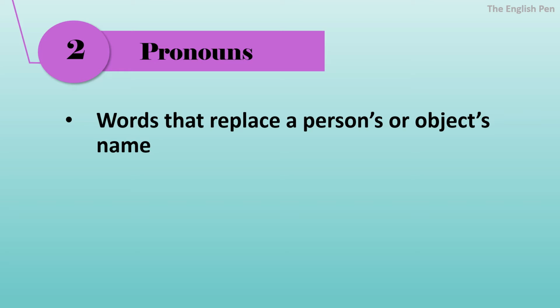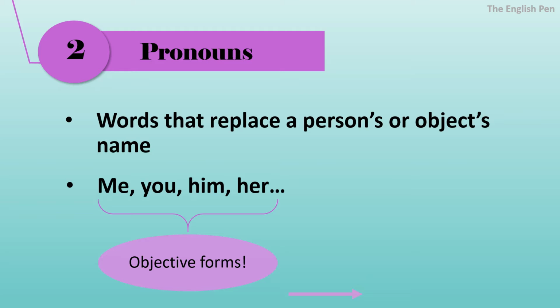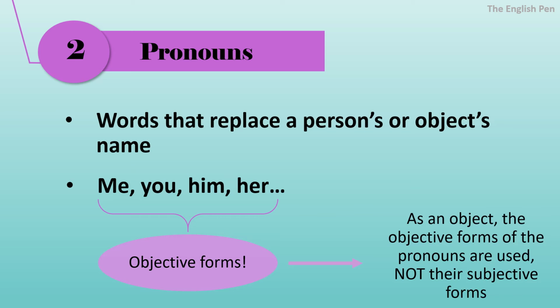They include me, you, him, her, and so on. Notice that the pronouns are in their objective forms and not their subjective forms. When acting as an object, the objective forms of pronouns are used. We'll get into detail shortly.